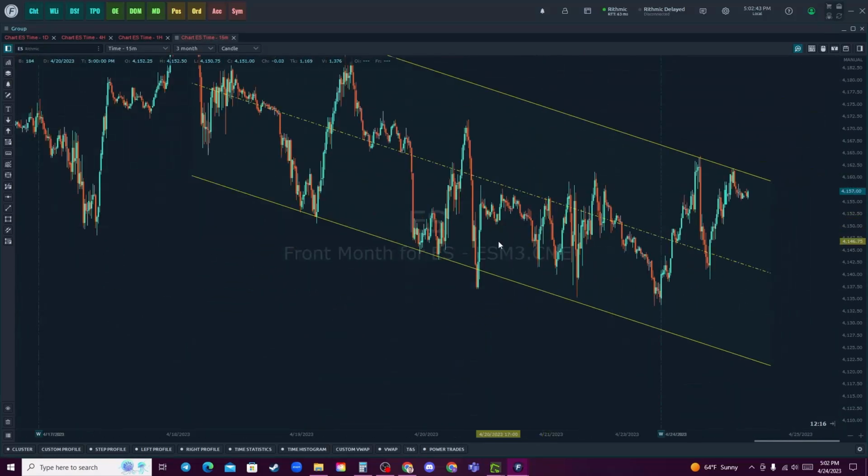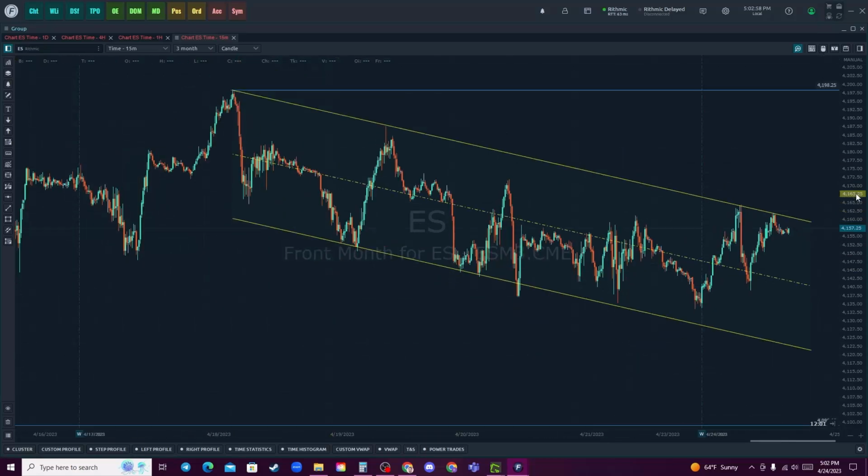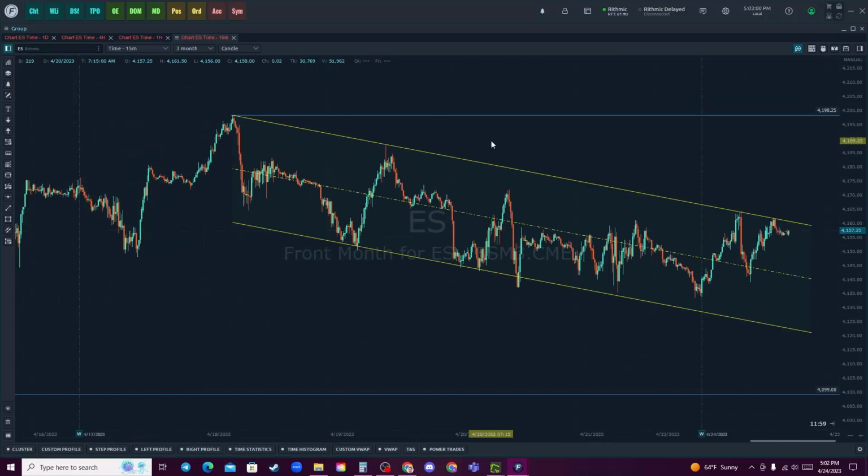So if we were just trading on the 15, it's clear that price is in a downtrend. And these might be potential shorts that you would be tempted to take because it's been trading in this downward channel.